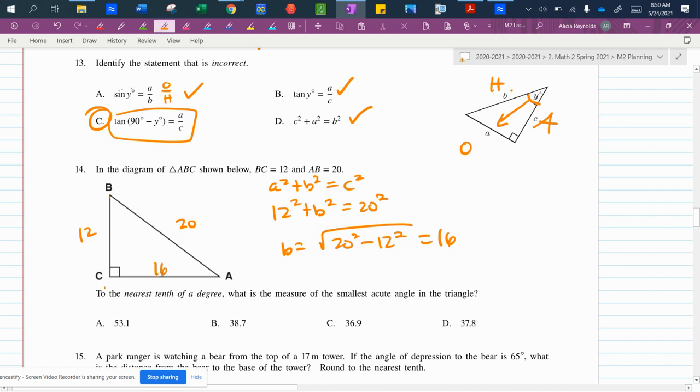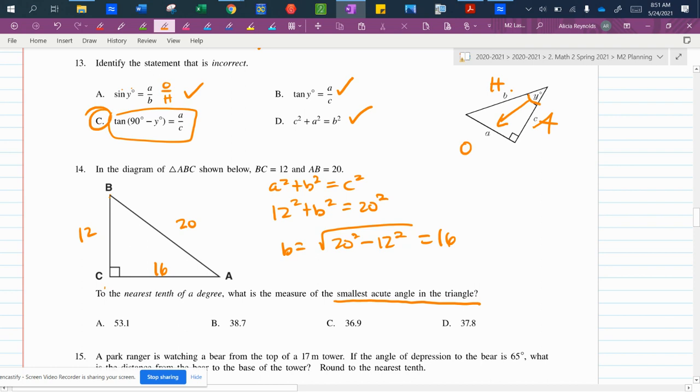So if this is 16, I want to know to the nearest tenth of a degree what the measure of the smallest acute angle is. So if I have a right triangle and I have all three sides and I'm trying to find the missing angle, I need to use my inverse trig functions. Understand that the smallest angle is opposite the smallest side. So which angle is the smallest, A, B, or C?